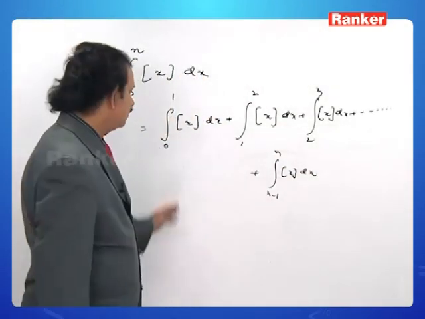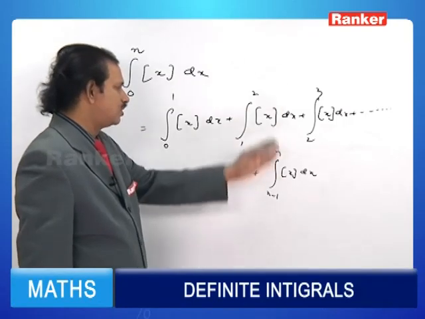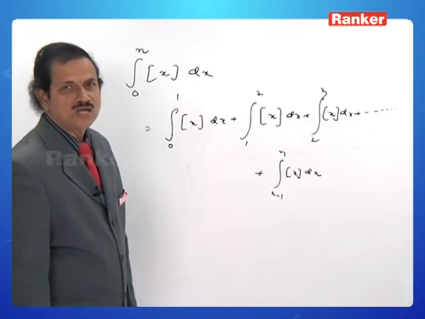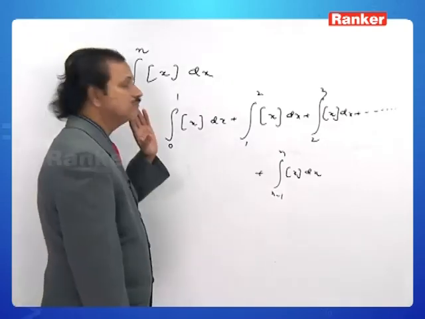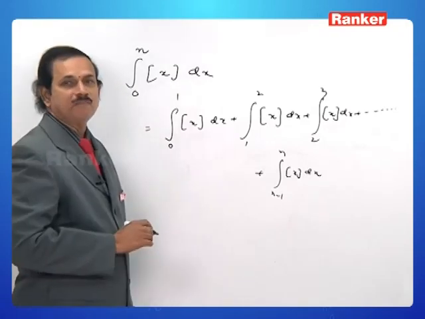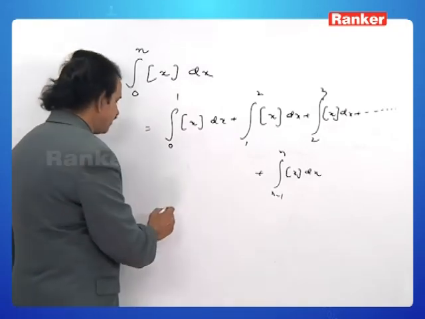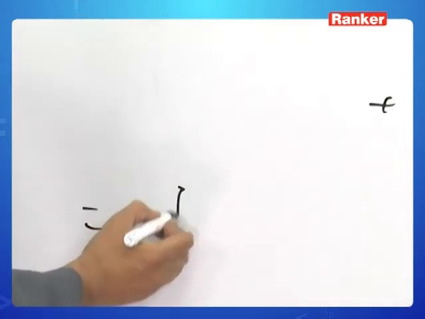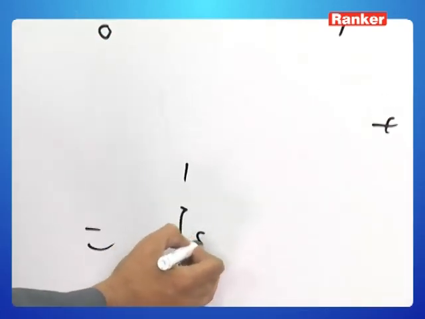You can observe 0 to 1, 1 to 2, 2 to 3, 3 to 4, etc., up to n minus 1 to n. It leads to the LHS, that is integral 0 to n integral part of x. Come on friend, between 0 and 1, what is the integral part of x? 0. So integral 0 to 1, 0 dx.